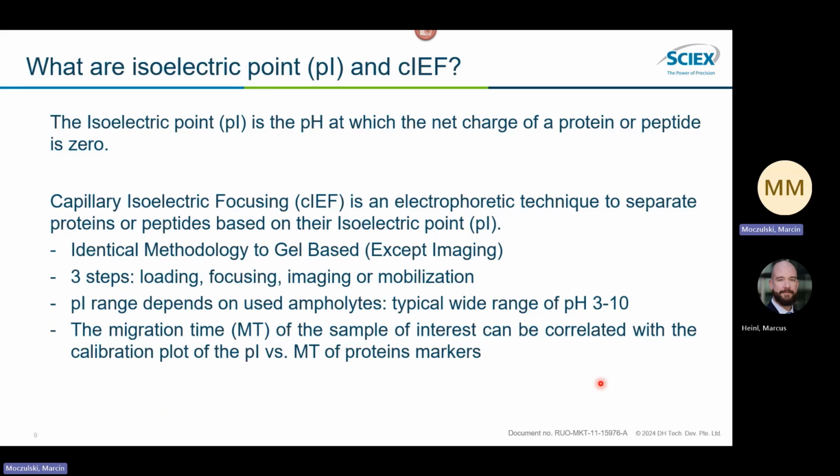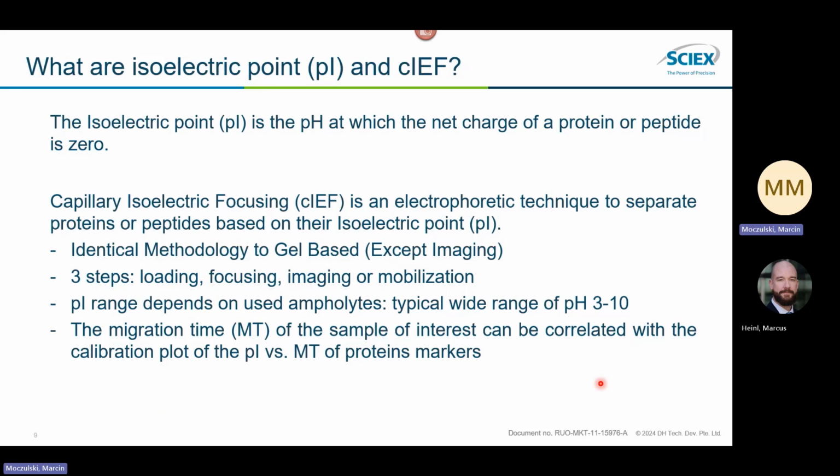Capillary isoelectric focusing is a technique which allows us to separate molecules based exactly on their isoelectric point. It is a methodology identical to gel electrophoresis, based on three steps: loading the sample, focusing, and finally chemical mobilization.